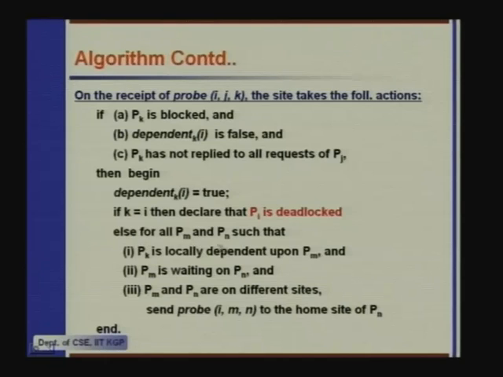Else for all Pm and Pn such that Pk is locally dependent upon Pm and Pm is waiting on Pn, and Pm and Pn are on different sites, same thing as we did before, then we send the probe i, m, n to the home site of Pn.